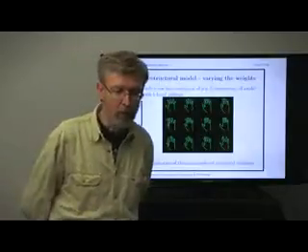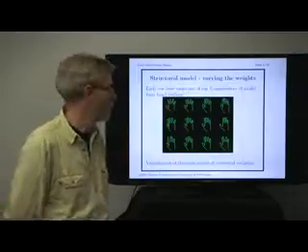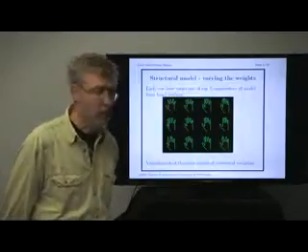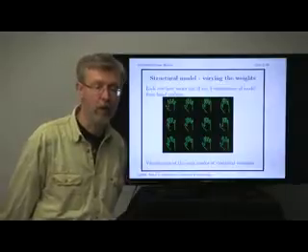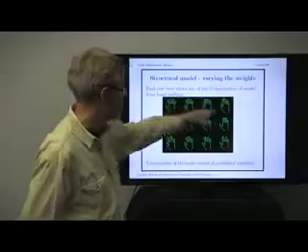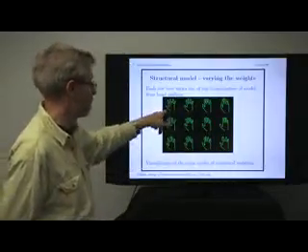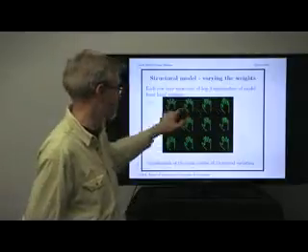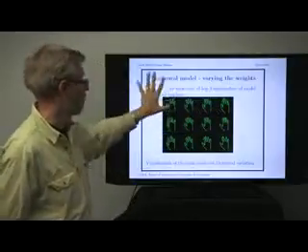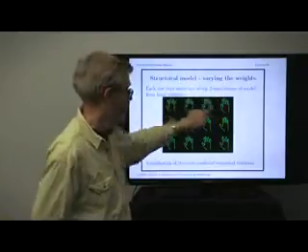So here's an example of what you might get with the hands. Here we're going to look at the first 3 modes of the eigenvector if we had a data set of all these different hand positions. You can see along here this is the first mode, the second mode, and the third mode. And they varied it from one extreme of the mode to the other extreme of the mode. So you can see here the fingers go from very far apart to very close together as the first mode.